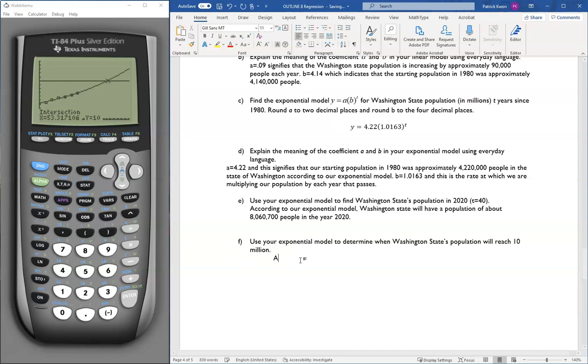So we could say, according to our exponential model, Washington State's population will reach 10 million people approximately 53.317160 years after 1980. Okay.